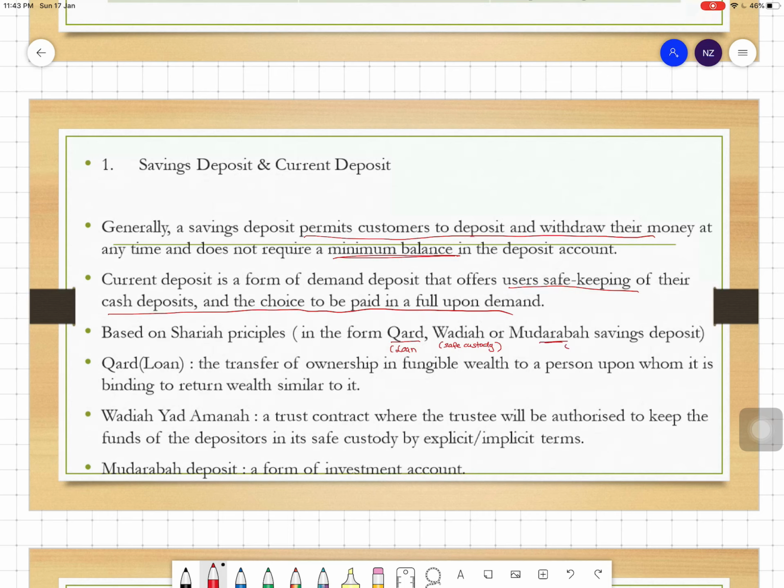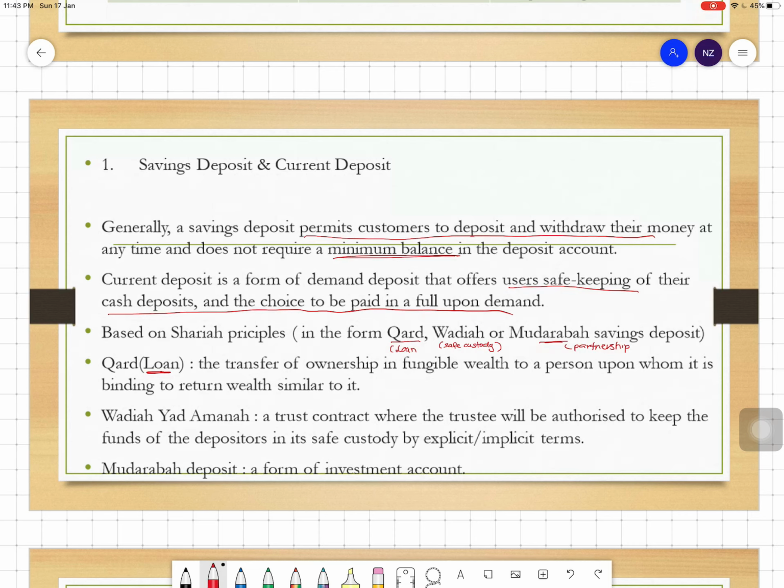Mudharabah ni part of the partnership, kita dah belajar tu banyak kali kan. So one of the partnership saving deposit. And as for qard ni, kan saya cakap loan tadi kan, the transfer of ownership in fungible wealth to a person upon whom it is binding to return wealth similar to it.